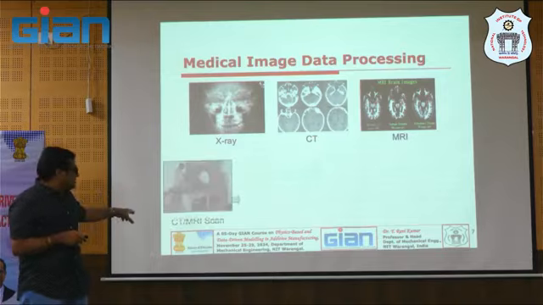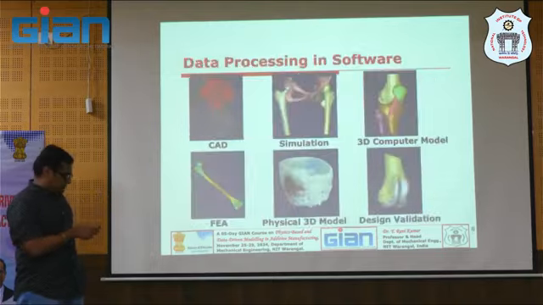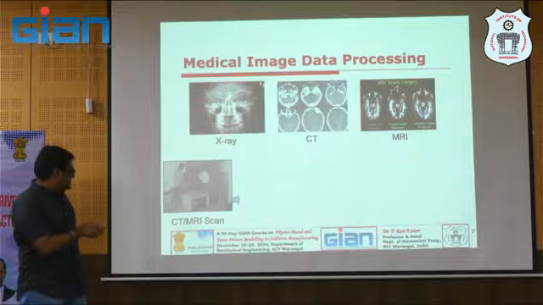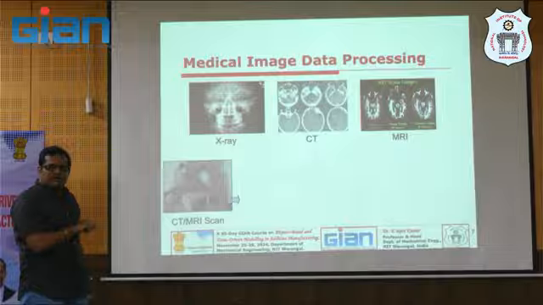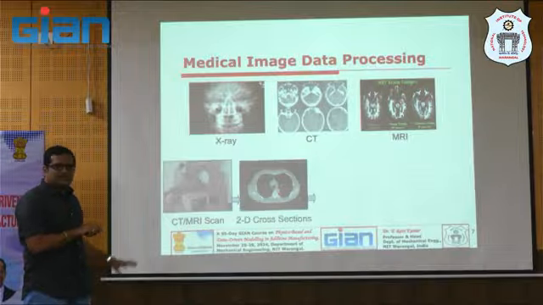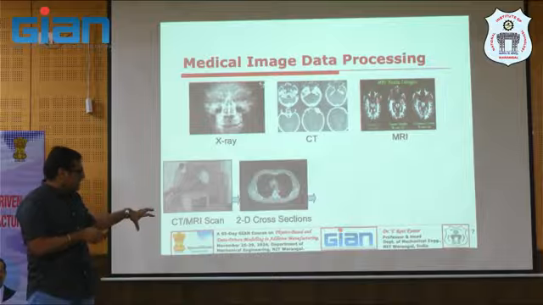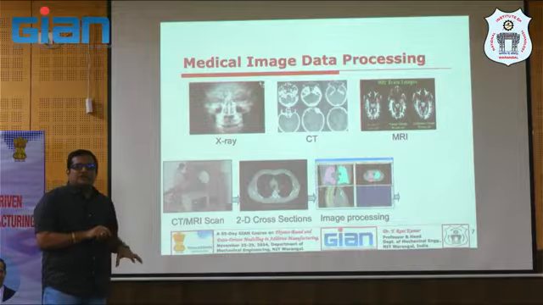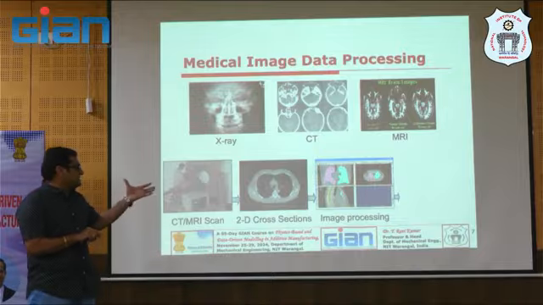So your journey starts with either CT or MRI data that has been captured from the patient, and now you have these two-dimensional cross-sectional grayscale images. Now we have discussed, you have a software tool that can process these images.